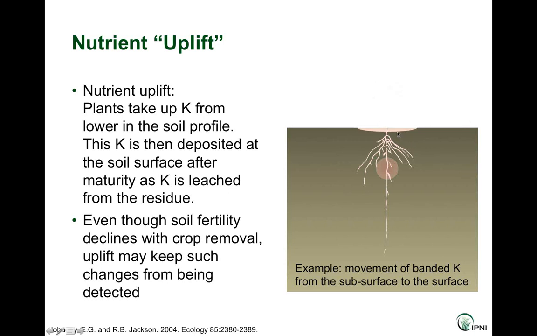And so this uplift is the movement by the plant of K from the lower part of the soil profile to the surface. And that creates an enrichment of K at the surface. And as we showed earlier in this presentation, that can affect how much illite is present. It could increase the illite content of the soils here relative to the montmorillonite content. And we'll show some implications of that.